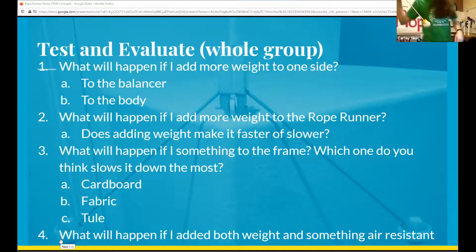Okay. How about if I add the fabric on? Will the fabric decrease it as much as the cardboard did? It would decrease the air resistance a little bit because it's more floppy, but it still would have the air resistance. Okay.